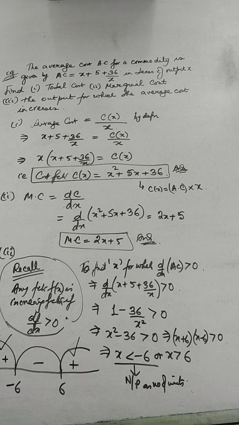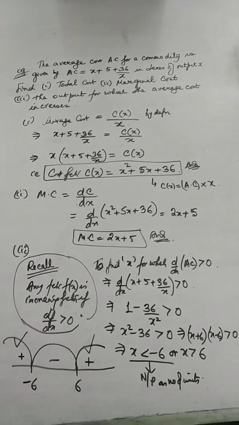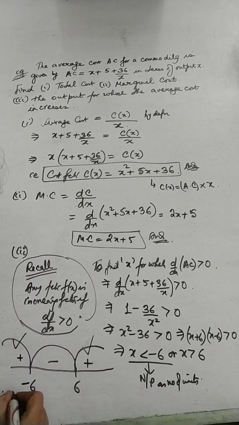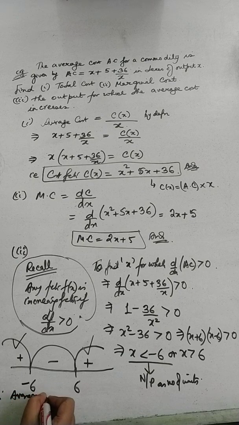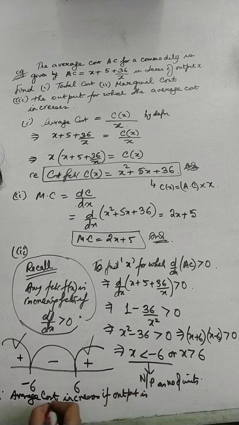So what is your answer? So the conclusion will be average cost increases if output x is greater than 6 units. You will write that. Therefore, average cost increases if output is more than 6 units.